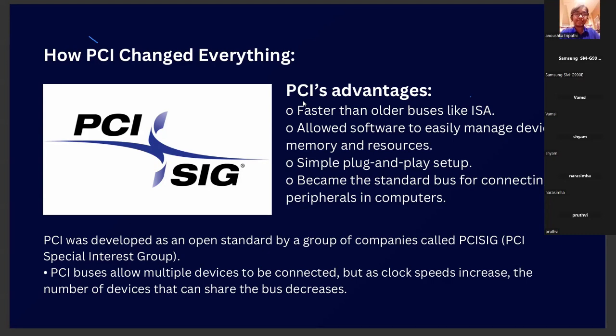It allowed software to easily manage device memory and resources. Plug and play setup became much simpler, and PCI became the standard bus for connecting peripherals in computers and was adopted by many manufacturers.